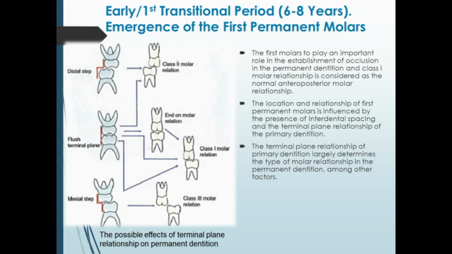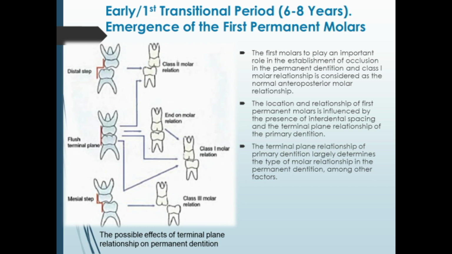The location and relationship of first permanent molars is influenced by the presence of interdental spacing and the terminal plane relationship of the primary dentition.